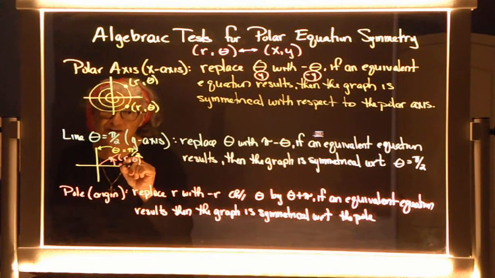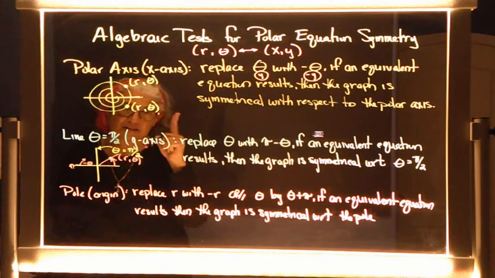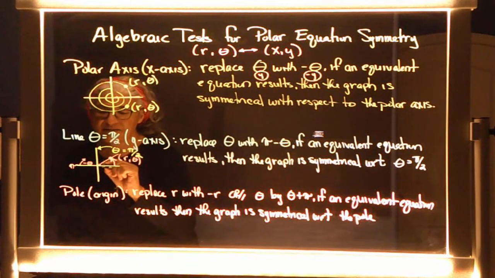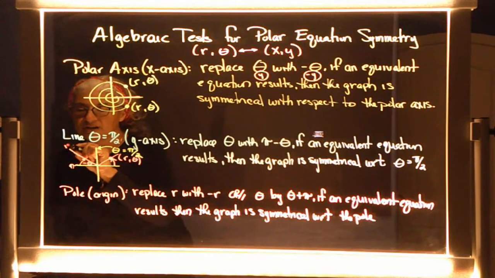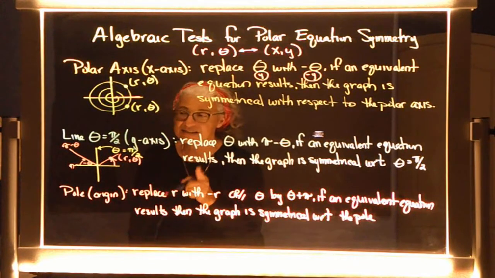This is also a reference angle, isn't it? Well, if this is pi, and I go that same amount in the clockwise direction, that's the negative direction, then here would be the angle of pi minus theta. That's why they're saying pi minus theta.